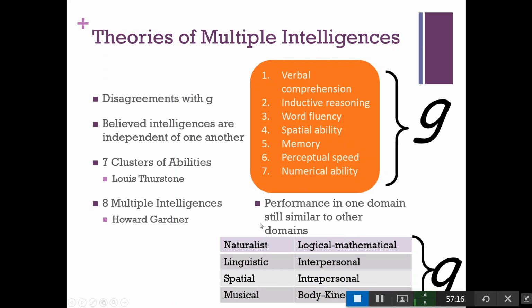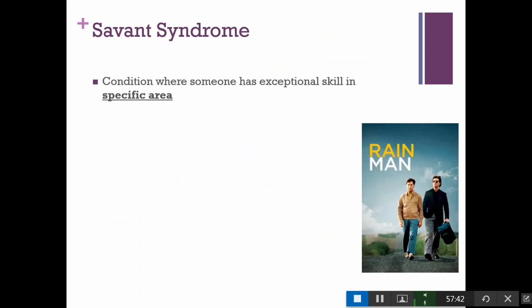Same thing with these 8 multiple intelligences. So G seems to be winning out. And again, a lot of people struggle with this because they think, oh, well, there are all these different kinds of intelligences. And yes, G is not saying that there can't be different things that you are defining as an intelligence. But when you measure all of these different intelligences in one person, it's going to be correlated across those domains. Okay.